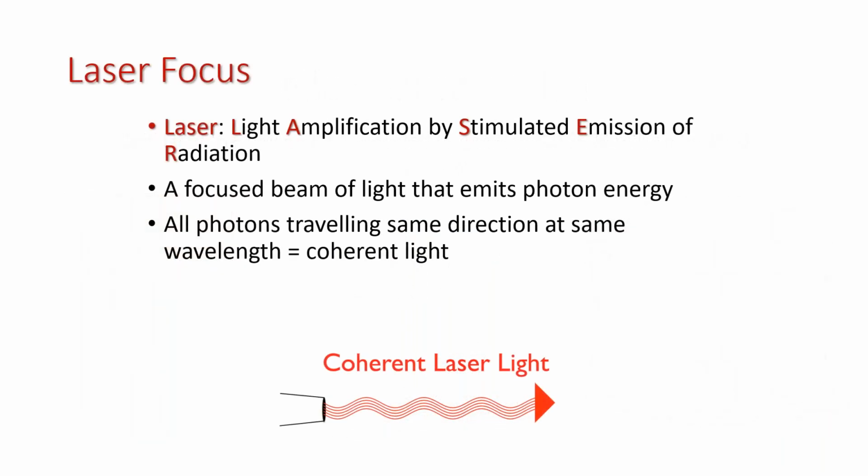So laser, what is laser? Well, laser is an acronym. It means light amplification by stimulated emission of radiation. It's a focused beam of light that emits photon energy. And I'd like to anchor to the idea of photon energy. All photons traveling in the same direction at the same wavelength are deemed coherent light.